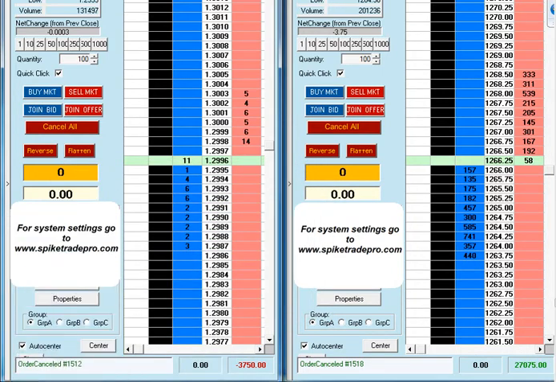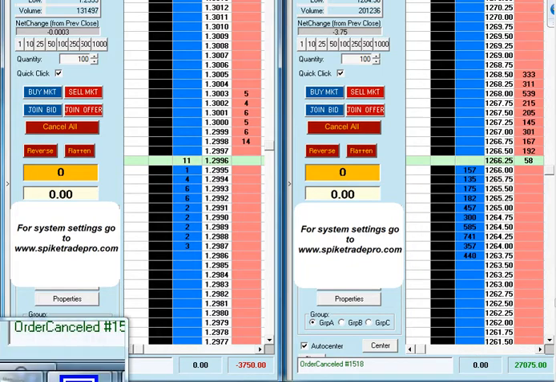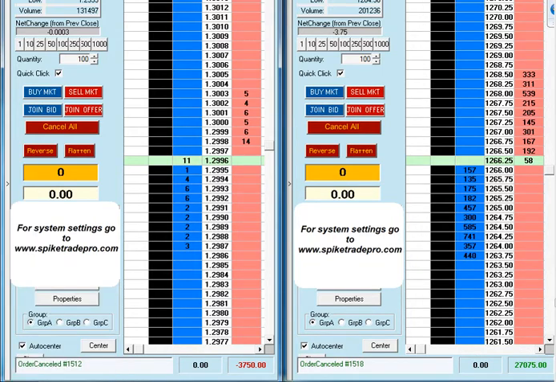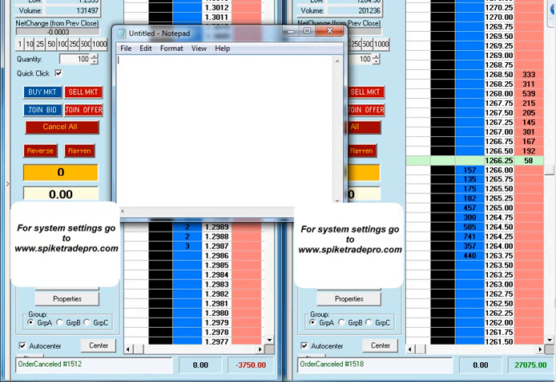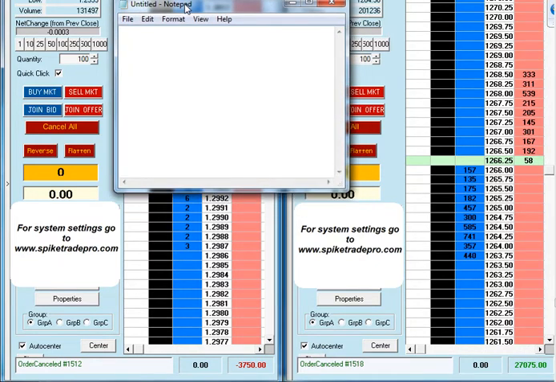And so let me pull up something here. Let me get rid of this magnifier real fast. Alright, profit to loss. $27,075 is the profit we took for this trade. Loss, $37.50.